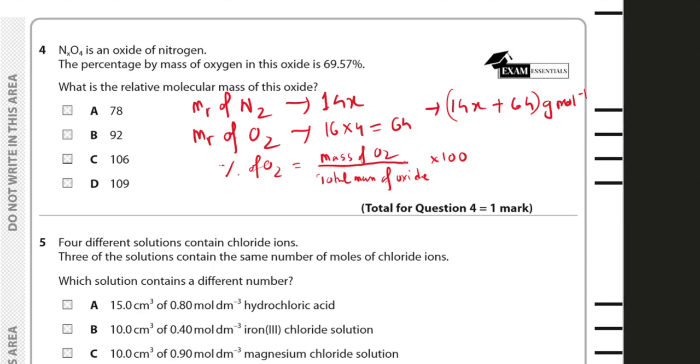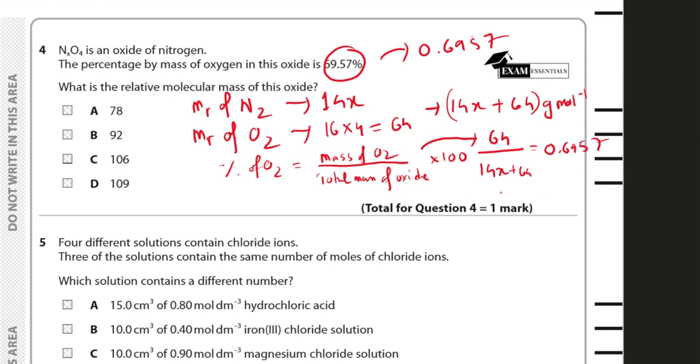So if you plug in the required values in this equation, which would be 64 divided by 14x plus 64, which is equal to, if you convert 69.57 by dividing by 100, that would be 0.6957. If you just solve it for x, you'd get about x is equal to 2.